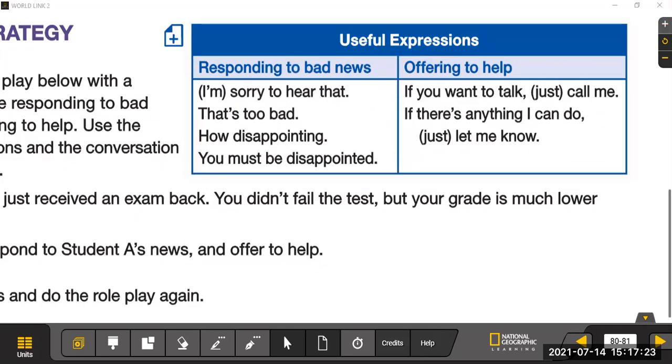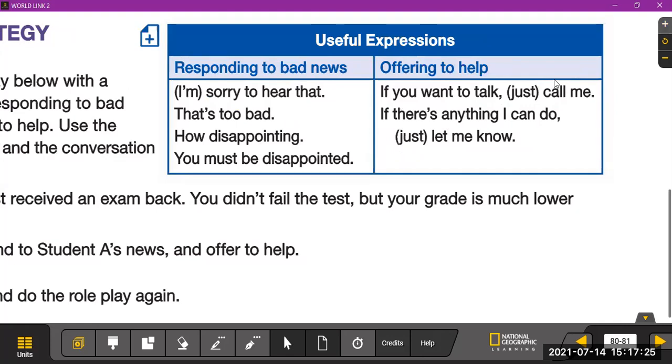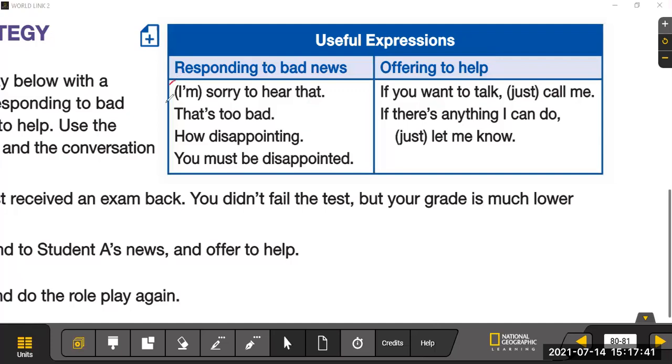Normally when a person tells us that something bad is happening to him or to her, we say, oh, I'm sorry to hear that, right? That is the normal answer that we give. I'm sorry to hear that, or sorry to hear that. We have other phrases like, that's too bad, how disappointing, you must be disappointed.